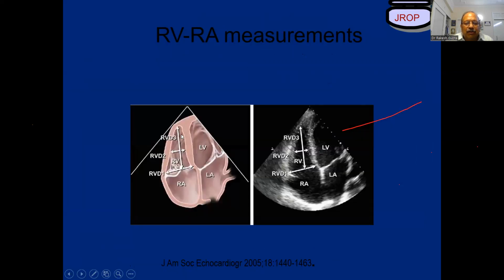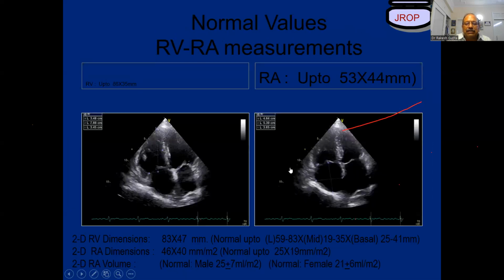RV measurements are always taken as absolute measurements, but RA measurements are always taken as index measurements. Whatever measurement we do in RA, long axis or short axis, has to be divided by the body surface area. So RV dimensions are 83 into 47 millimeter maximum in size. So length has to be 59 to 83, 19 and 35 the basal segments.